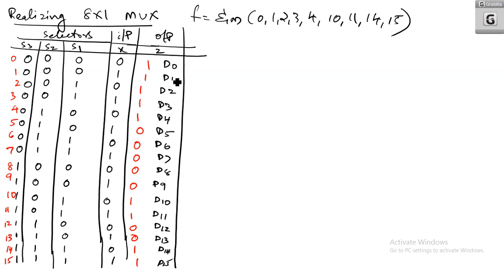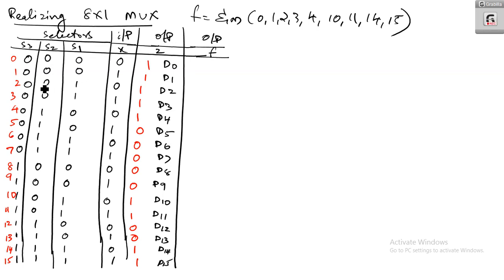You already know that D0, D1, D2, D3, D4, D10, D11, D14 and D15 the values are 1. Now I need to realize the 16 by 1 mux using the 8 by 1 mux logic. Here I am having the output in terms of F.